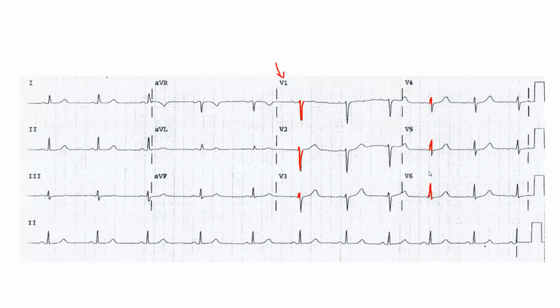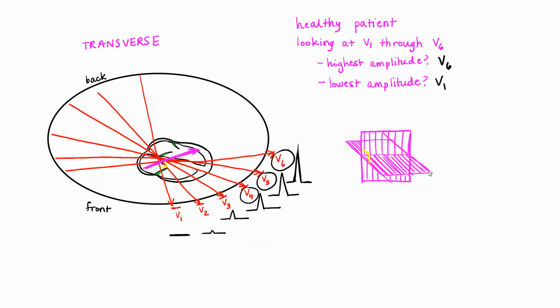And so we see that for our healthy patient, the EKG tracing is following exactly the same pattern as we saw here, which is where V6 has the highest deflection and V1 has the lowest or the least positive deflection.